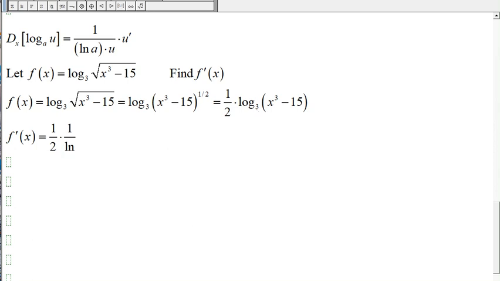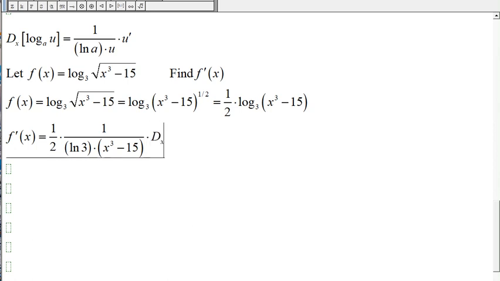And then times the expression, so u would be x to the third minus 15, and then times the derivative of x to the third minus 15.